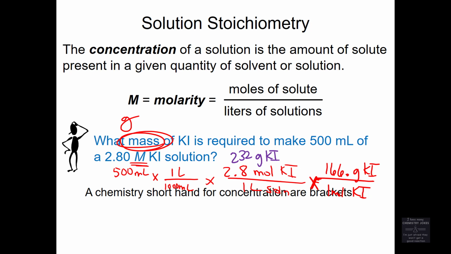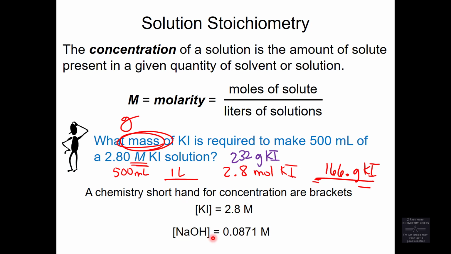The chemistry shorthand for concentration is brackets. Enclosing that number in brackets tells you it's a concentration number. So the concentration of KI is 2.8 molar. The concentration of sodium hydroxide is 0.0871 molar. Because both of those are considered soluble salts, we can also make the assumption that the concentration of K plus ions in that solution is 2.8 molar, and the concentration of iodide ions in that solution is 2.8 molar.